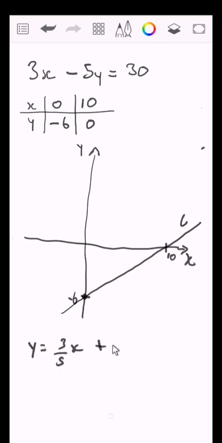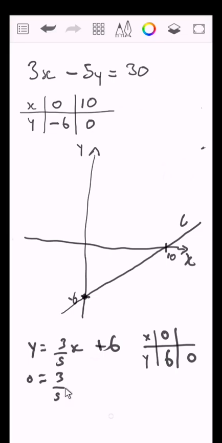In part B, our parallel line came out as y is equal to 3 over 5x plus 6. If we make a table of values for our parallel line, when x is 0, y is 6. What about when y is 0? Substituting, 0 is equal to 3 over 5x plus 6.